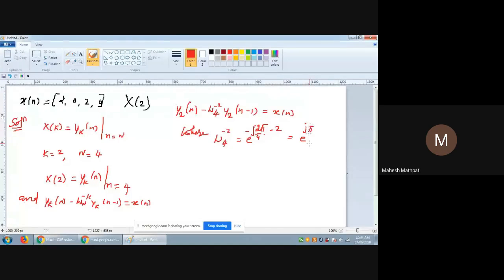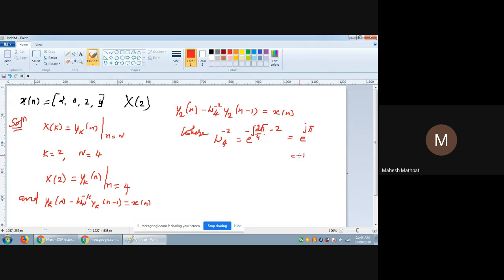Correct? Yes or no? What is its value now? What is the value of e raised to j pi? Minus 1. It is minus 1. Okay. So we will write it as minus 1.